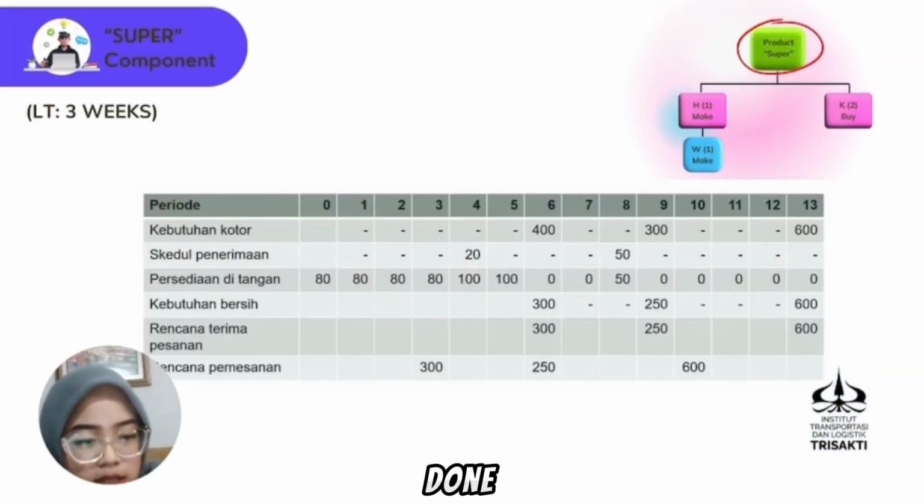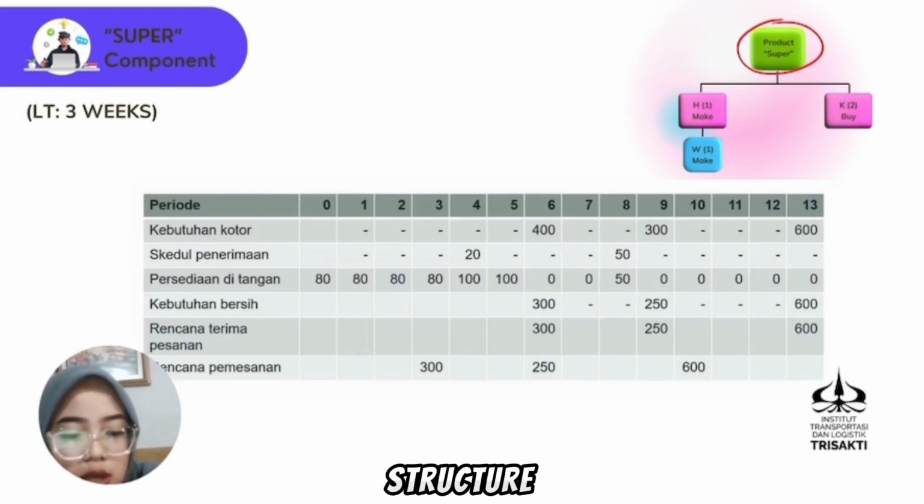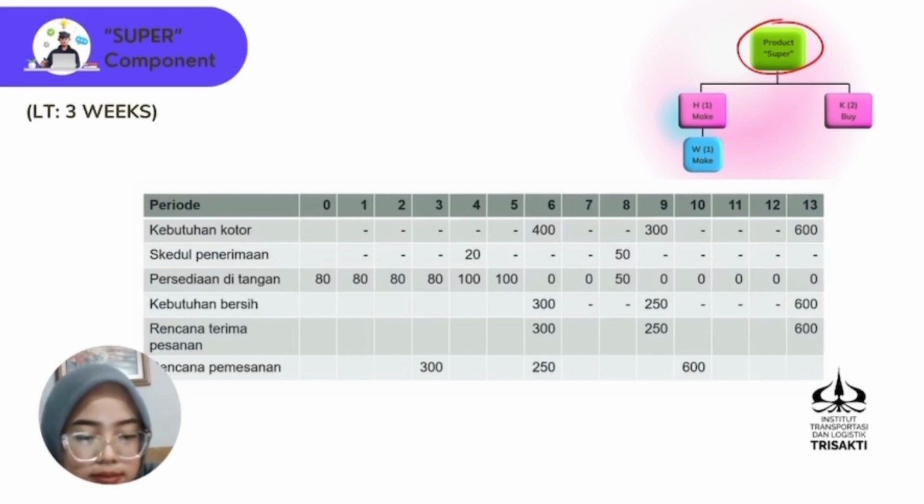MRP is done starting from the topmost product structure. Here the topmost product structure is the Super product. Gross requirement can be moved from the question to the table.